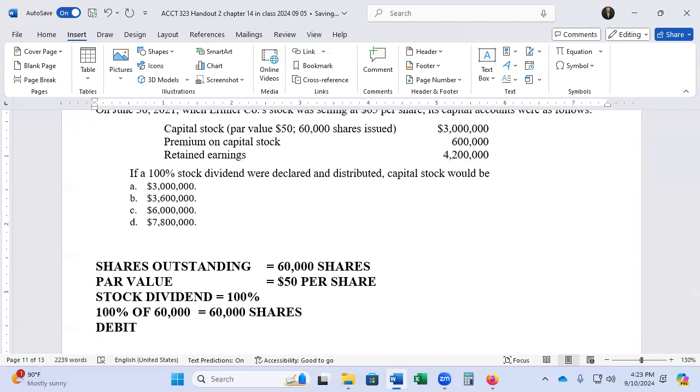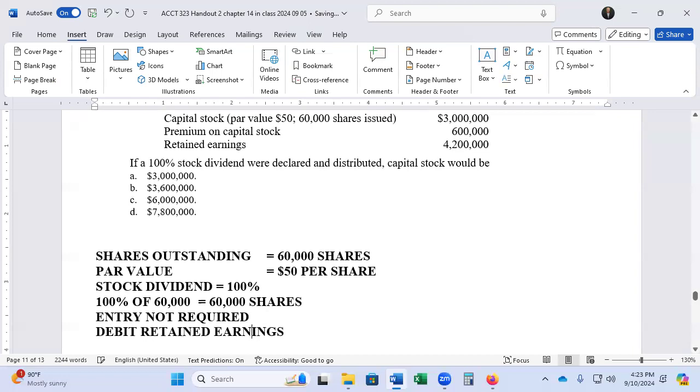So we're going to debit retained earnings. And again, this entry is not required, but I like thinking in terms of entries. So we have retained earnings, and this is going to be 3 million. And so it's 60,000 times $50 par.